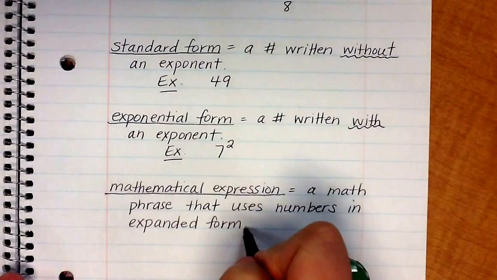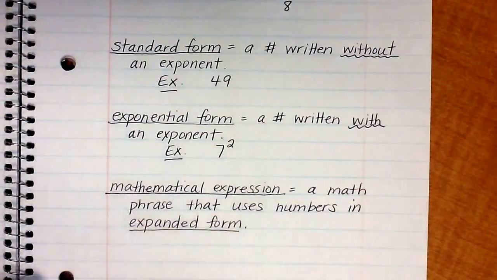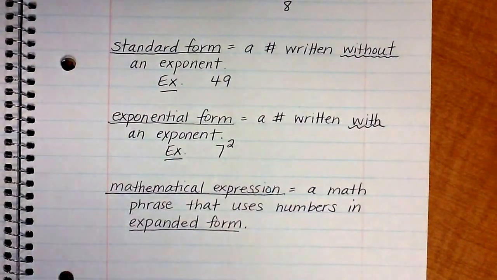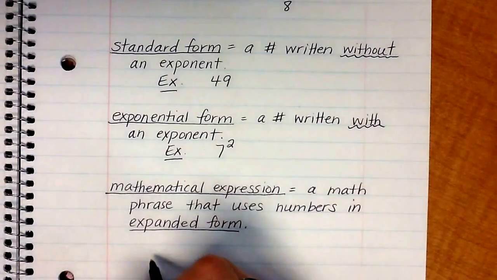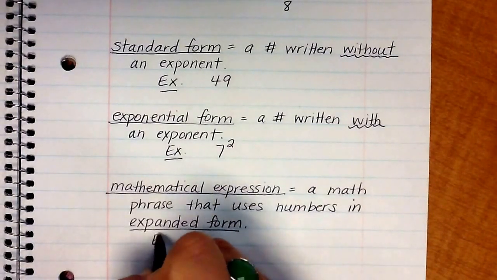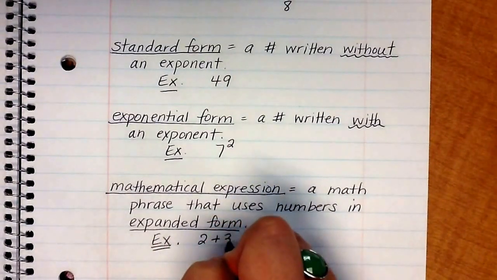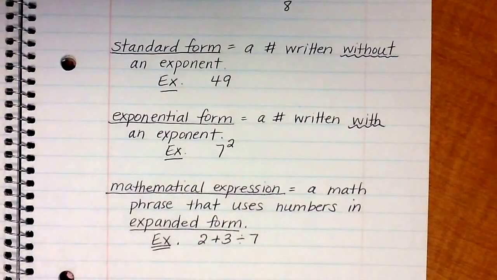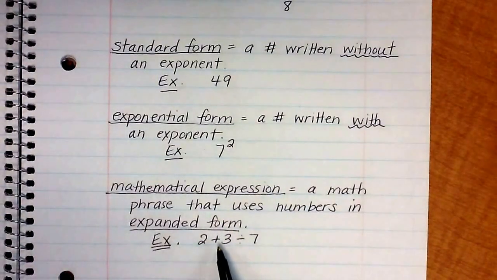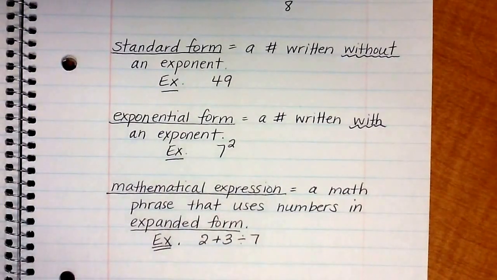So I'm going to try to define both of these for you with the same example. So a mathematical expression is a math phrase or a number sentence. An expanded form would be when you are writing it out with different symbols for adding, subtracting, multiplying, and dividing. So for example, a mathematical expression is 2 plus 3 divided by 7. That's a mathematical expression. I'm using symbols for addition and division, and I'm writing it out in expanded form.